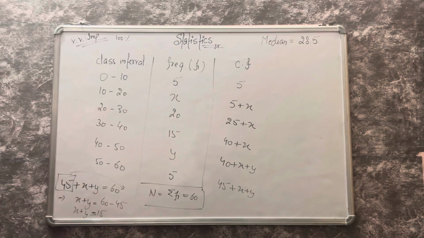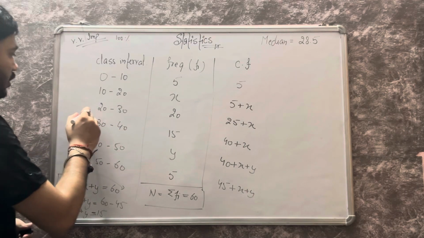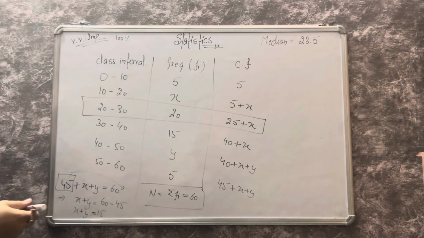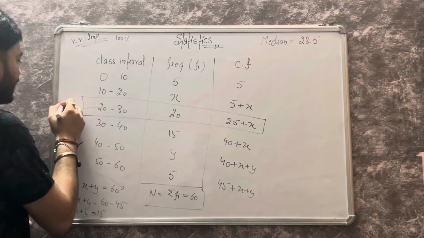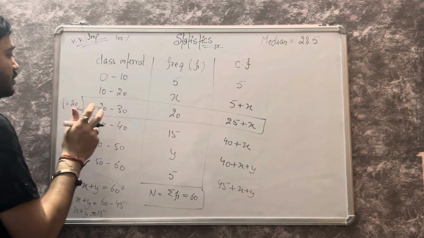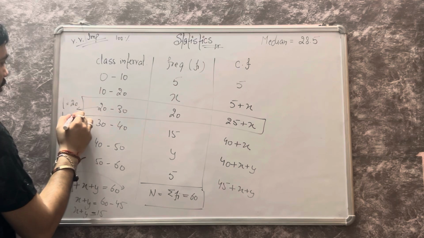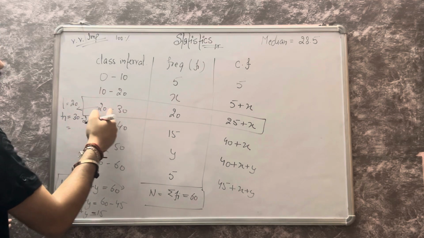What is the biggest value in the frequency table? You will see 20. So mark 20. Yes, this is the biggest. Find L from here. You will get L is equal to 20 because it is the lower limit of the class interval. You will get h equal to 30 minus 20, that is upper value minus lower value.